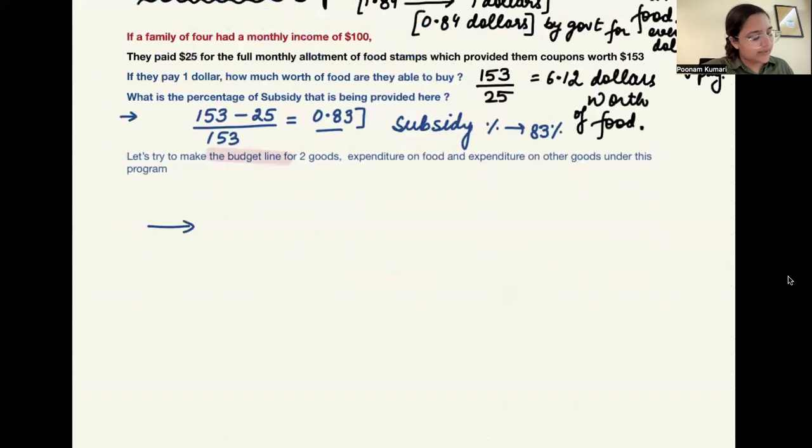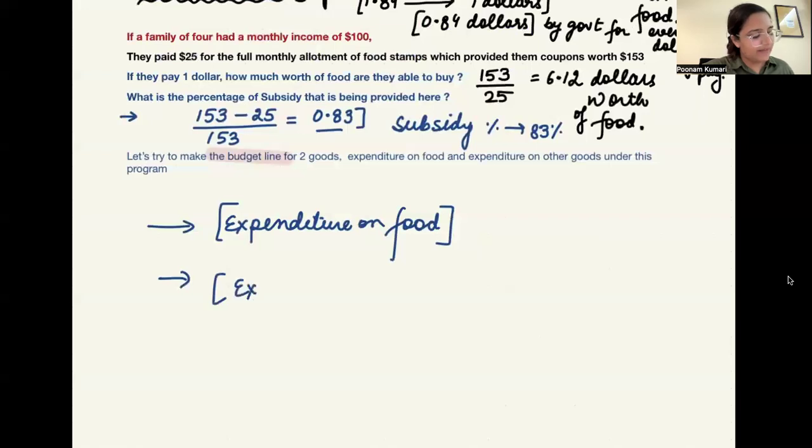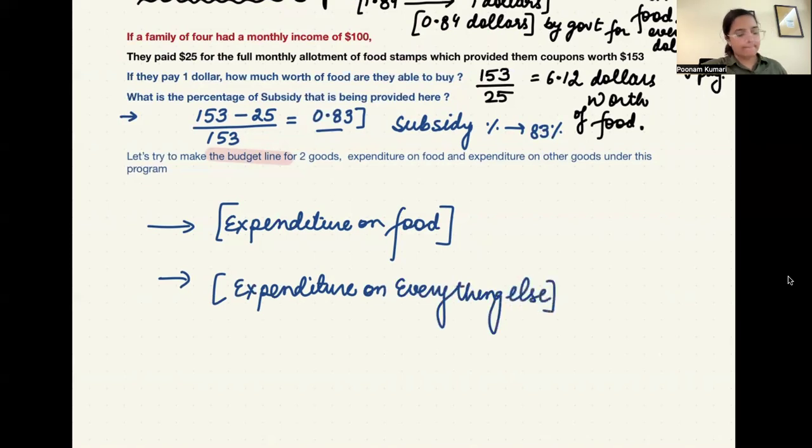First good is expenditure on food. Second good is expenditure on everything else. What does that mean?